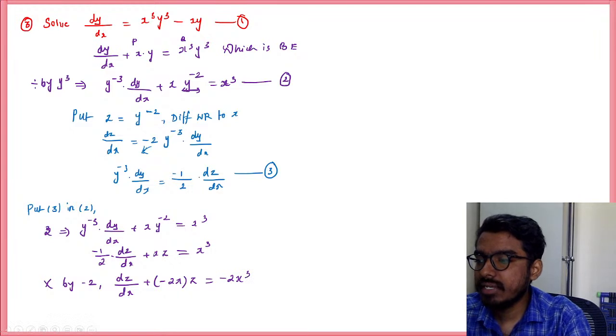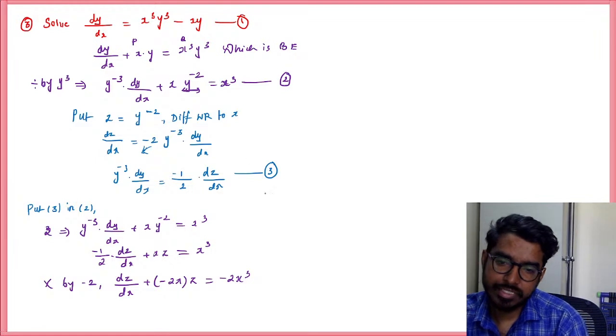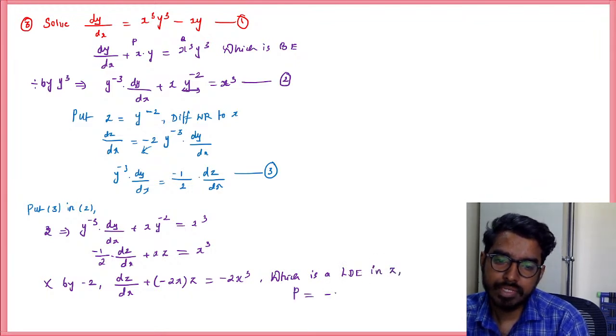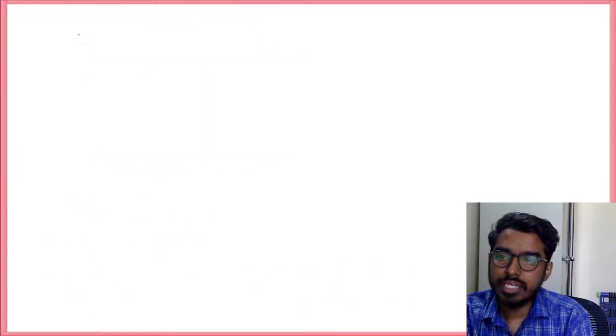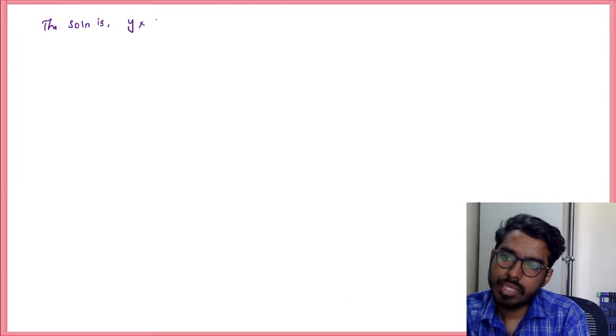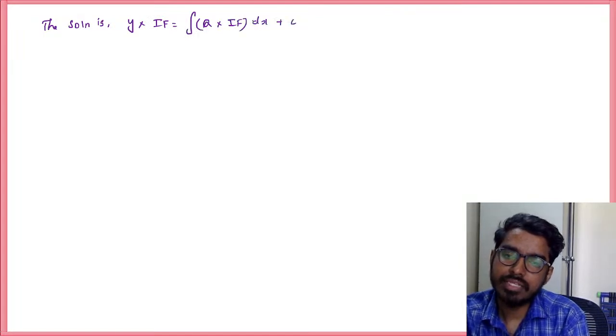Which is a linear differential equation. This is a linear differential equation in z with p equal to minus 2x and q equal to minus 2x cube, right? So therefore the solution is z into integrating factor is equal to integration of q into integrating factor dx plus c.